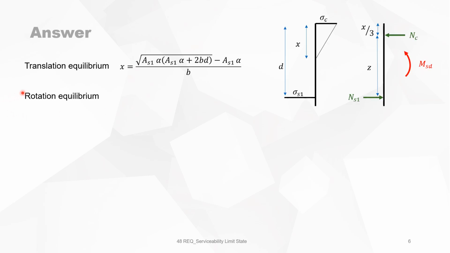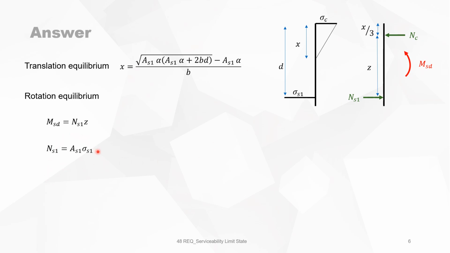The rotation equilibrium on those forces: we will have a rotation equilibrium around the normal force of the concrete, around this axis. So we have that the bending moment MSD is equal to NS1 times Z, the lever arm.